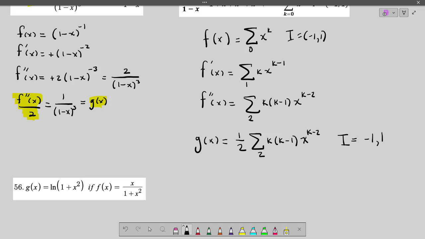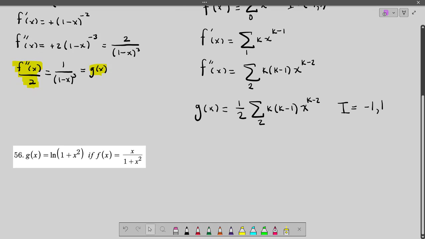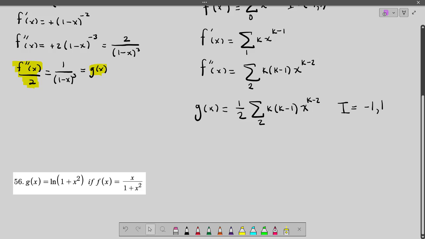We know its endpoints are -1 to 1. But anytime we differentiate or integrate a power series to get to a new power series, you've got to test the endpoints. So derivatives and integrals, we have to test the endpoints.